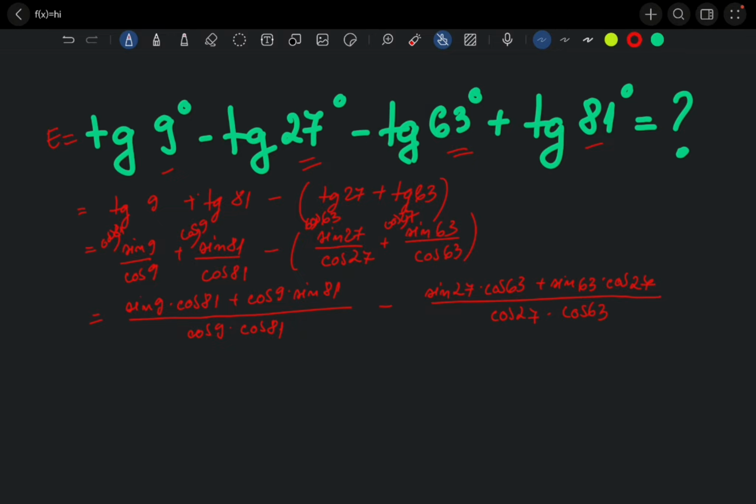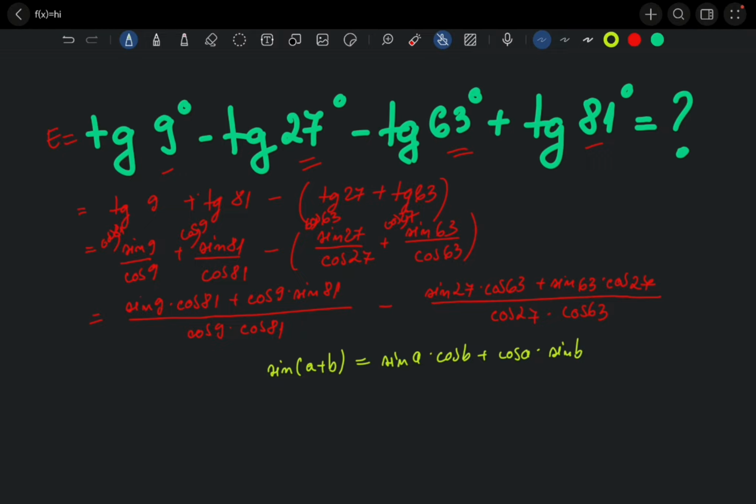Now, if you take a closer look at the thing on top of the fraction line, we see that's the formula for sine of a plus b, which is equal to sine of a times cos of b plus cos of a times sine of b. In our case, a is equal to 9 and b is equal to 81. The same thing for the other fraction.